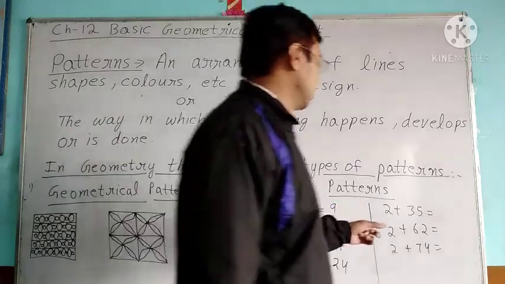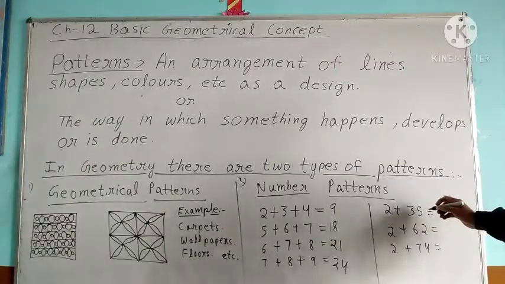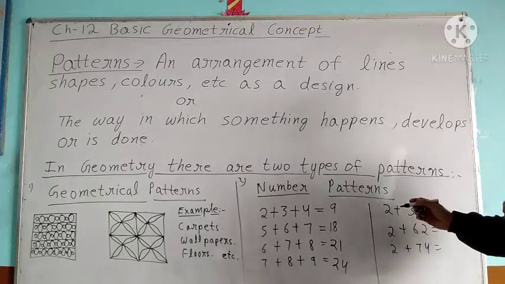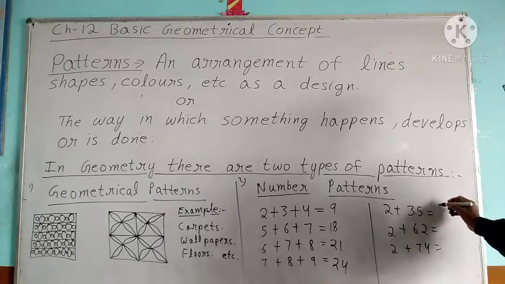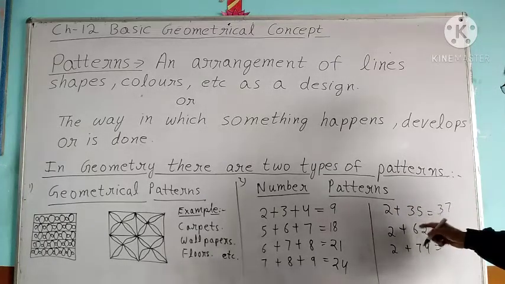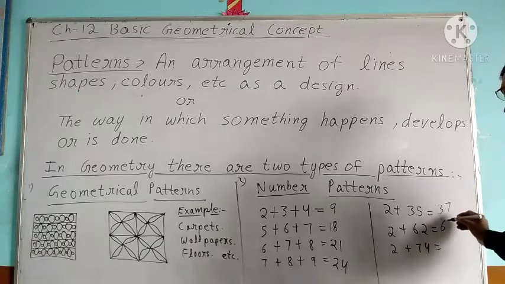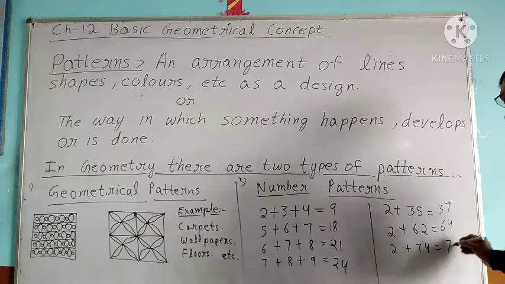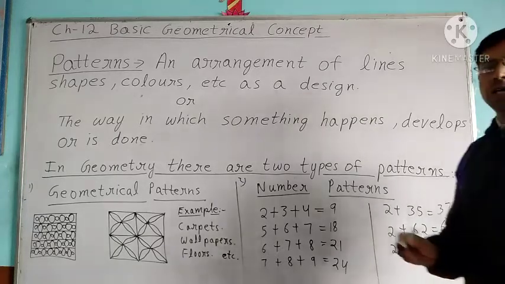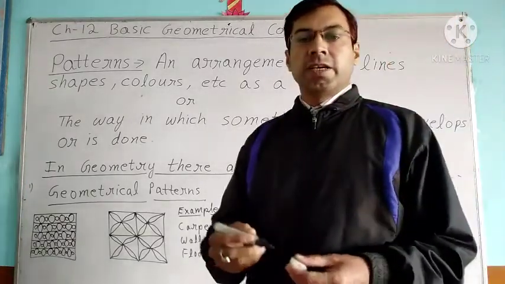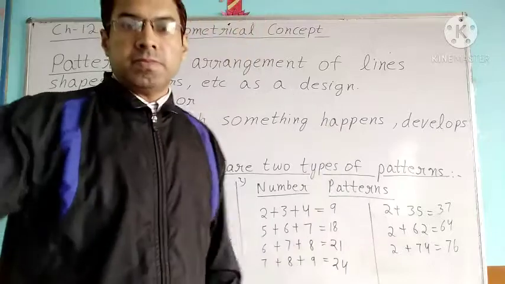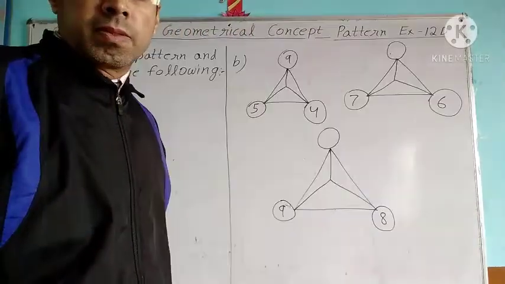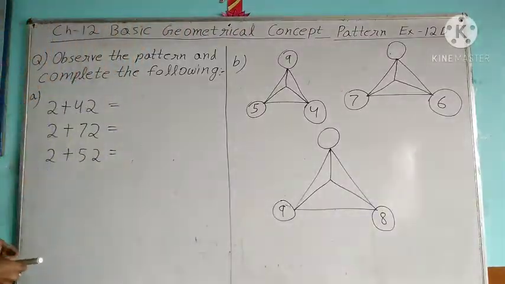Now next pattern, 35 plus 2. We are adding only 2: 35 plus 2 is 37, 62 plus 2 is 64, 74 plus 2 is 76. So there are different patterns that we will study in the exercise.